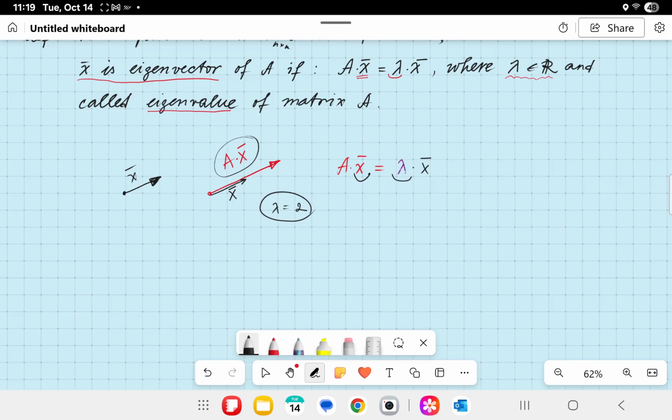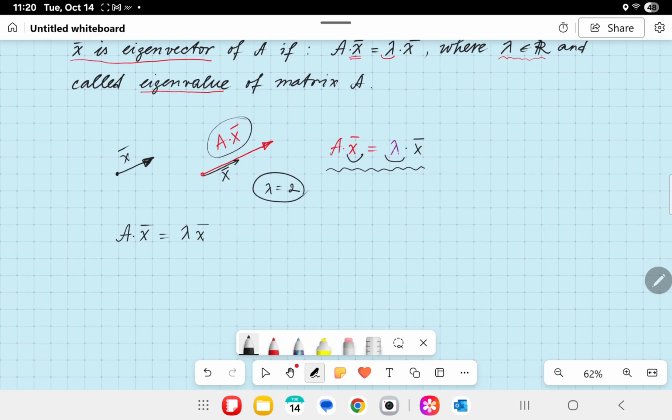Before we start considering real examples, I want to write down this statement, which is kind of a definition, as an equation. I'm going to write it down like Ax equals lambda x, right?